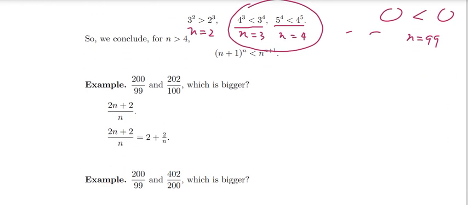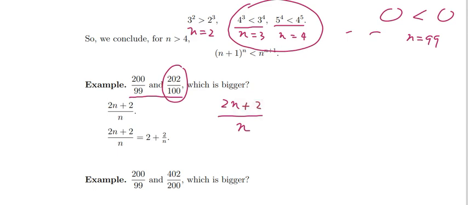Okay, so now for these two problems, which one is bigger? So again, we want to find, for this number, if we regard the denominator as n, then the numerator is 2n plus 2.